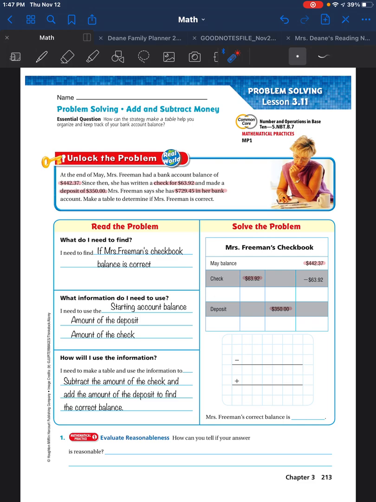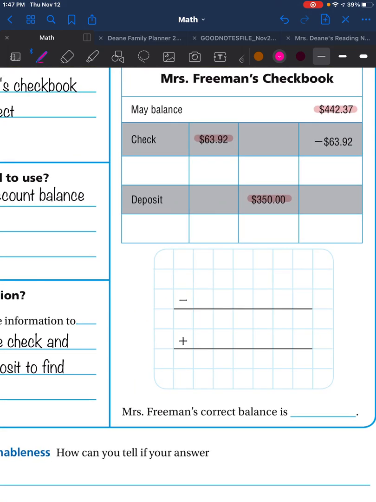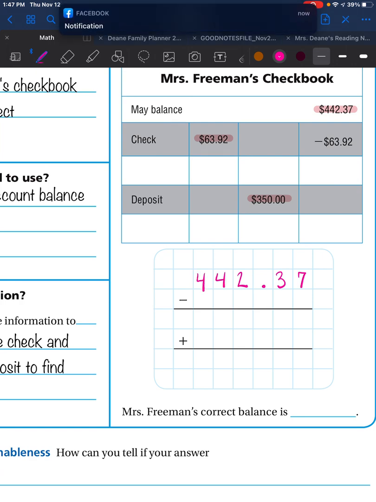So what we have to do with that is we need to find her balance after she subtracted the $63.92. So we use the graph paper here that they have for us, and we write out and we subtract $63.92.